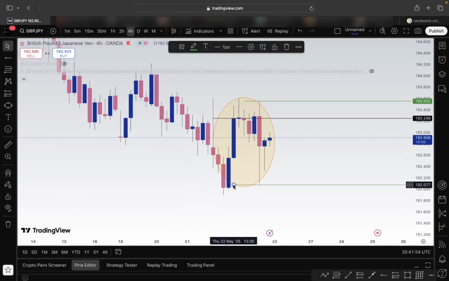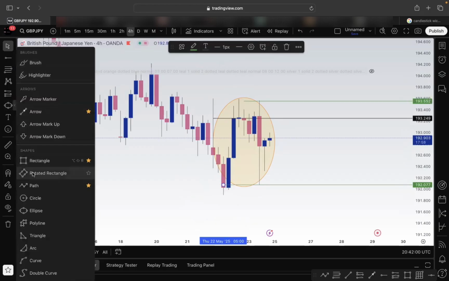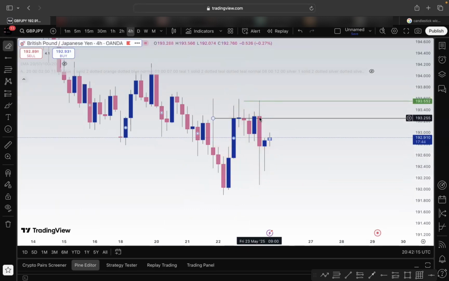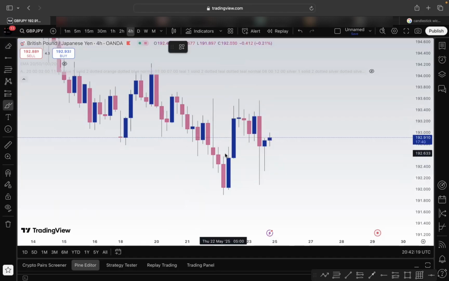So we have the low and then the high of the candle. Now, if I was to draw this structure, price goes up because it keeps breaking. Since price is taking out the candle's high, it will be an uptrend in the lower time frame.